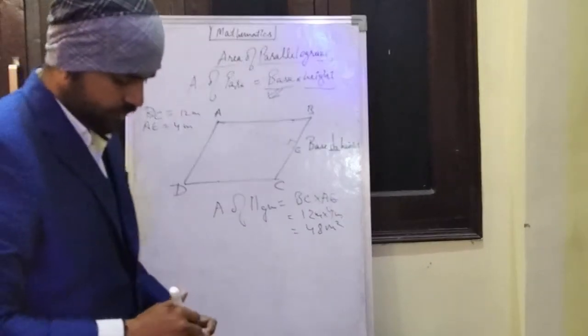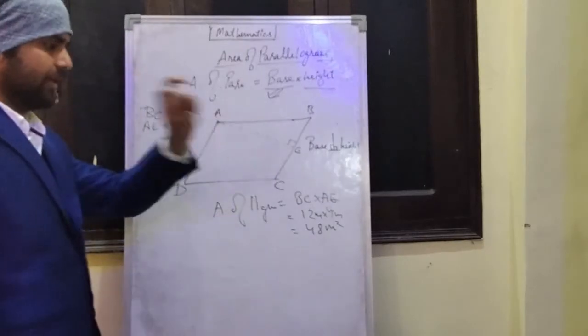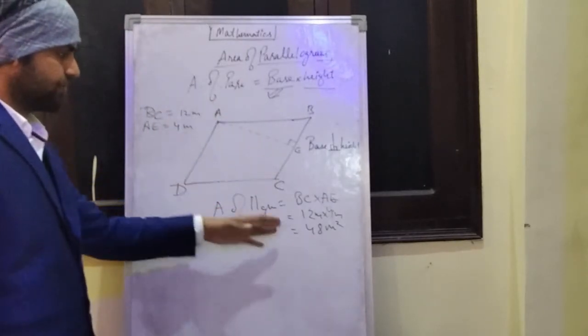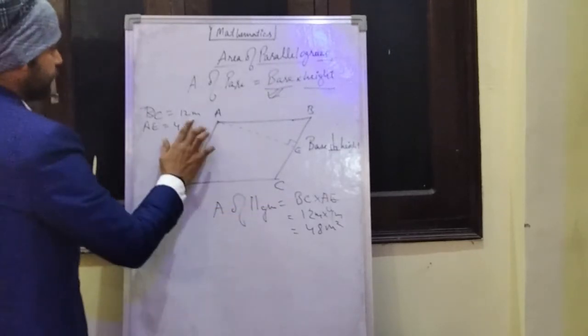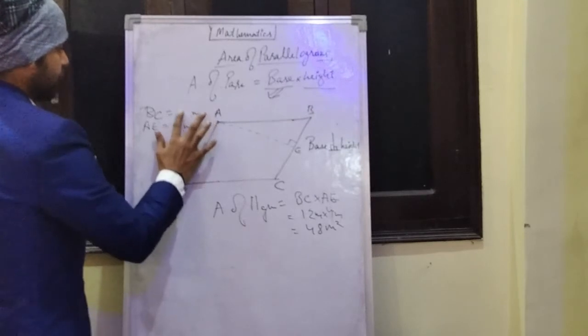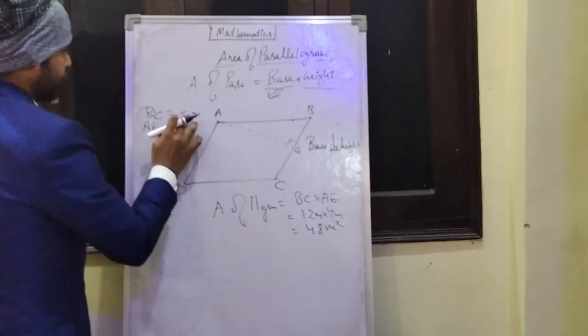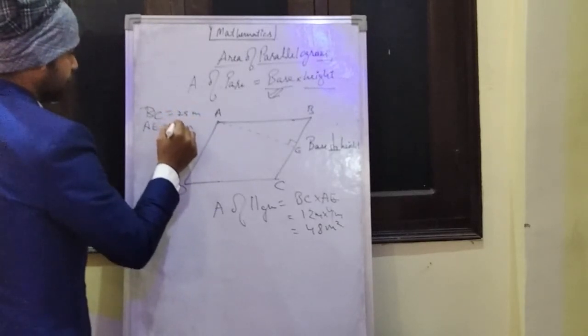But whenever you do this type of variation, the area should come the same. The earlier one was how much? 50. So now it should also be 50. So it depends on the values here. BC can be 5, or you can say BC can be 25 and height can be 2.